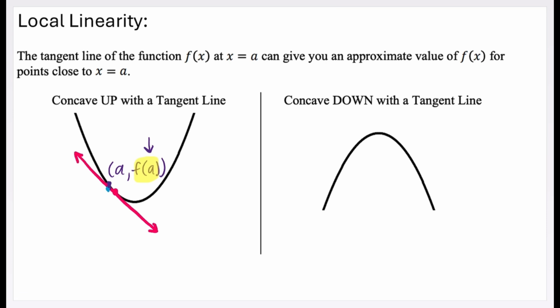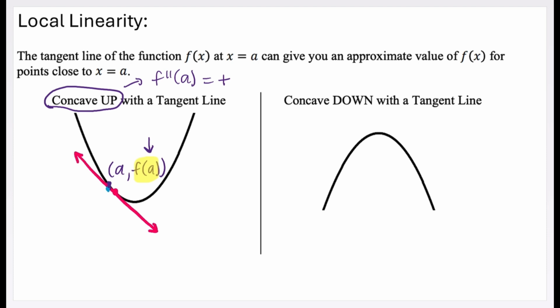Now, when you're looking at a graph that is concave up, which means the slopes of the graph are increasing and the second derivative is positive, so if something is concave up, the second derivative is greater than 0 and the slopes are increasing.